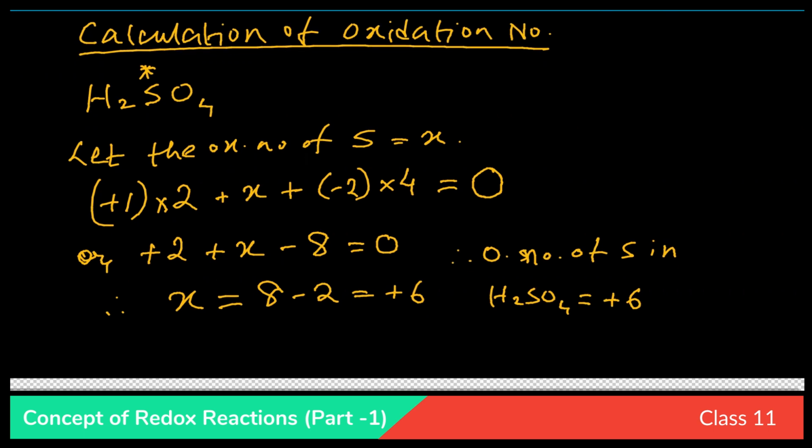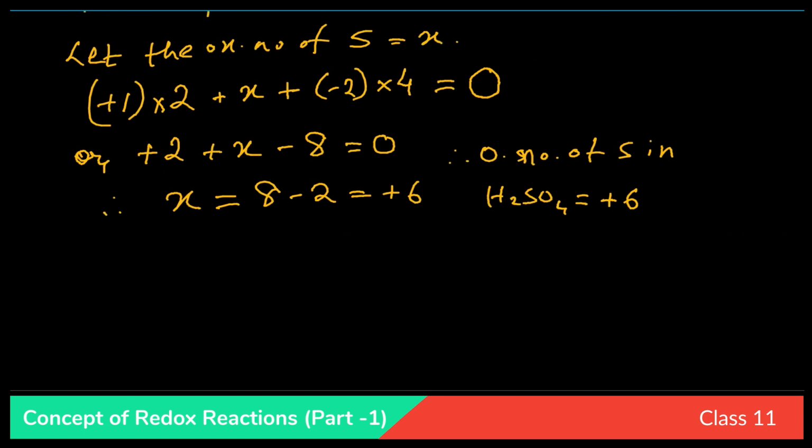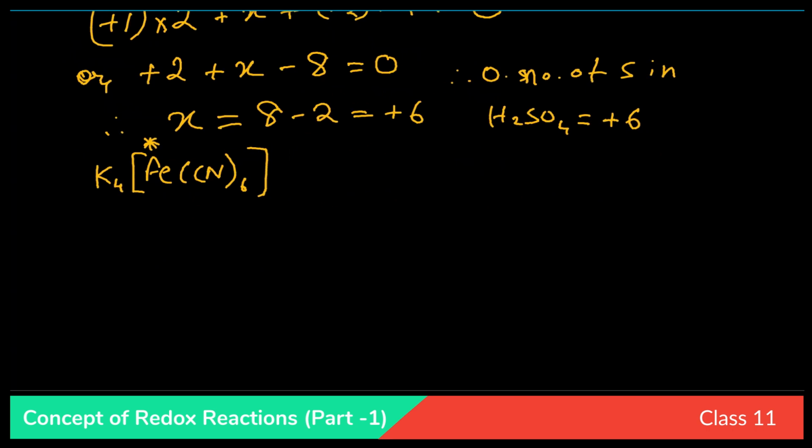Okay. If I consider another example, suppose K4[Fe(CN)6]. I have this compound, and you have to determine the oxidation number or oxidation state of iron. So how to determine this? Now we have to just consider the oxidation number of iron as x.